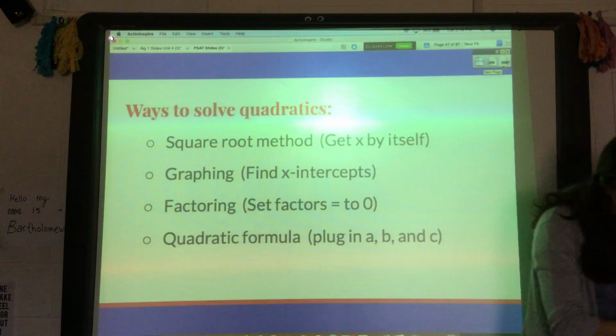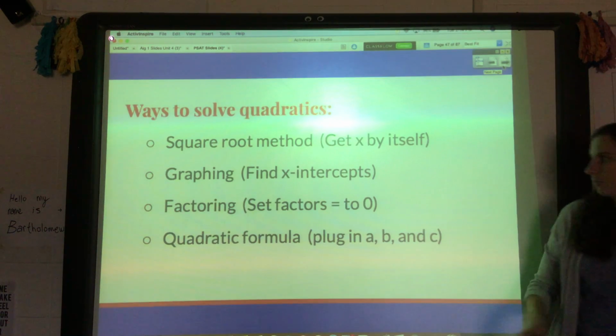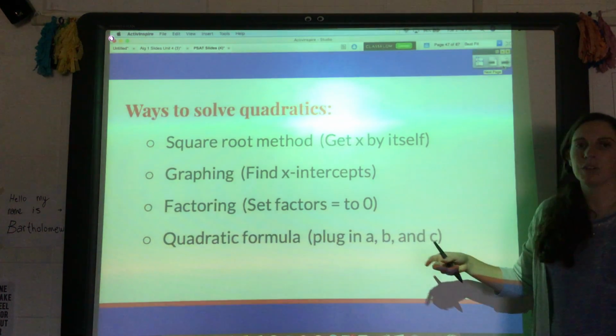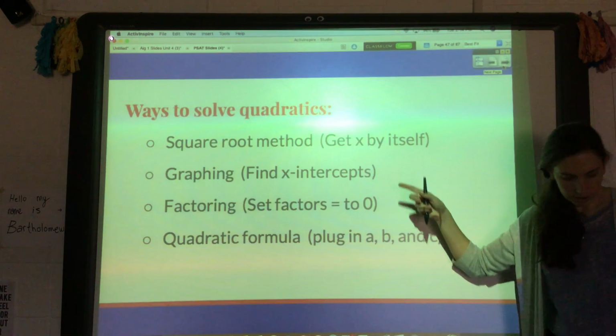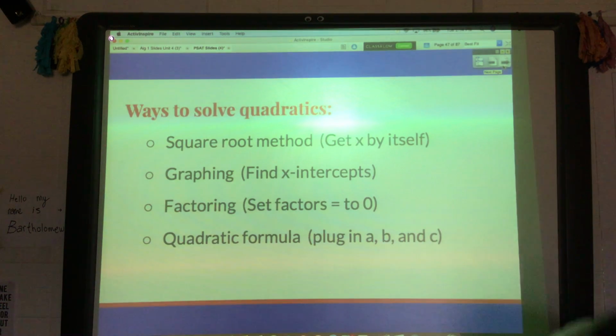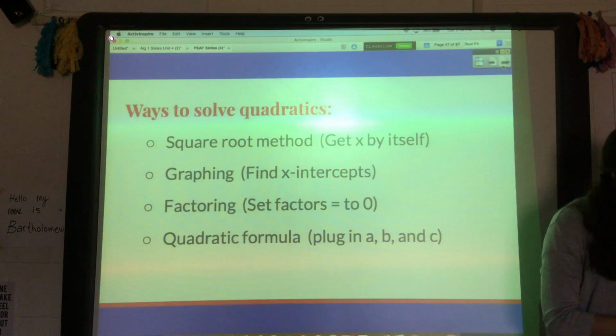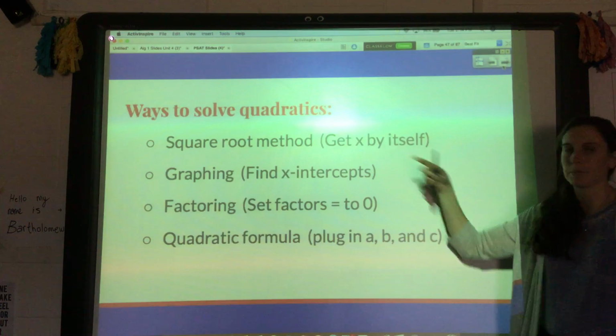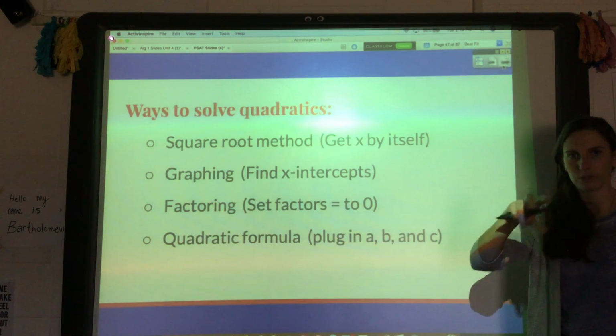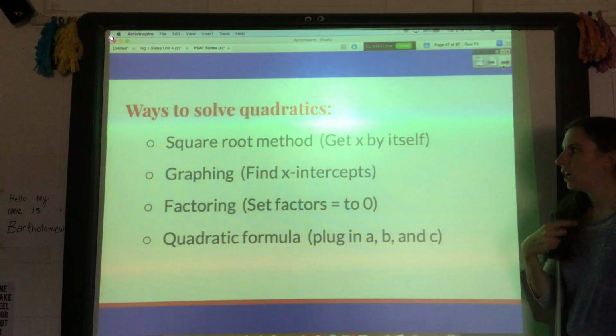So there are many ways to solve a quadratic. If you can ever just get x by itself, like we did on a couple problems ago, then do that method. However, sometimes you have multiple variables and you're not able to.